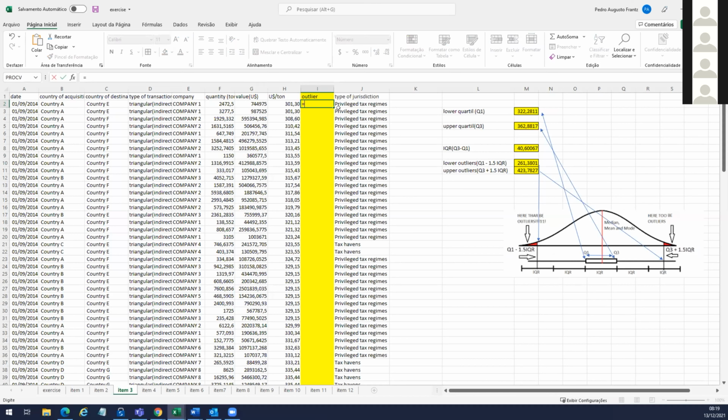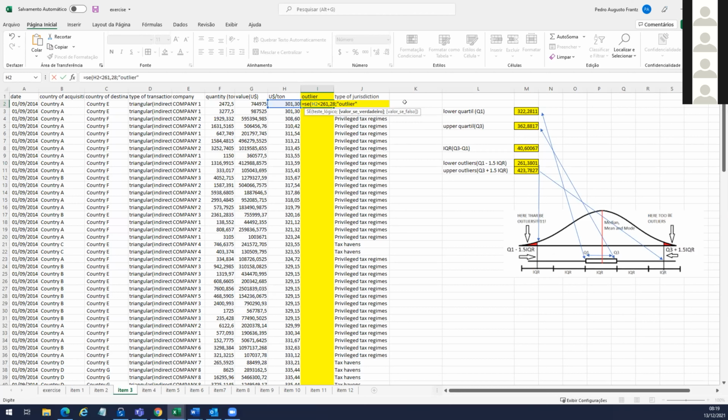If my price was lower than this value, 261, type outlier.